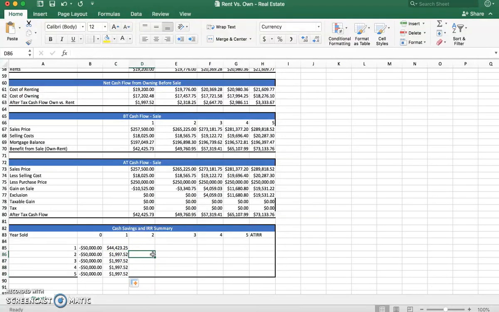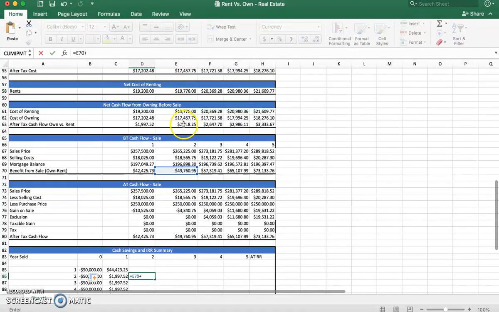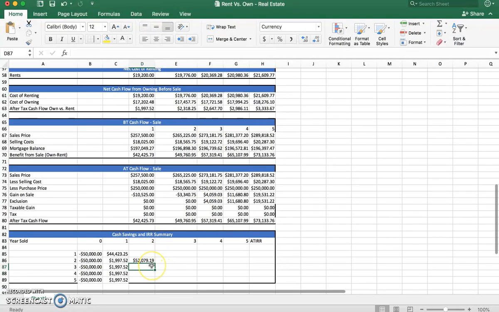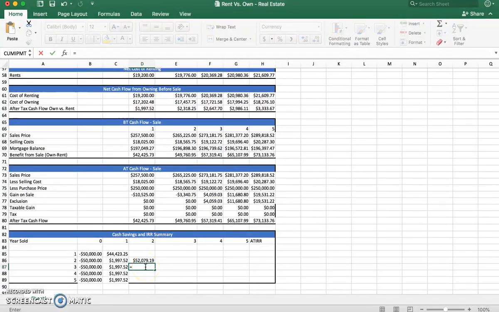Do the same idea for year 2. We'll go this number plus our after-tax cash flow of owning versus renting. Fantastic. Alright, and we're going to do the same idea for every year sold after that. Equals this.